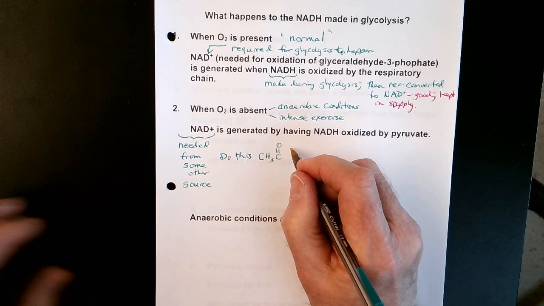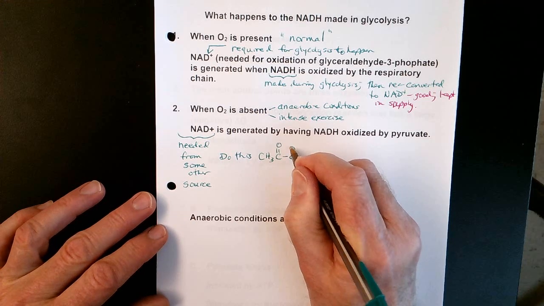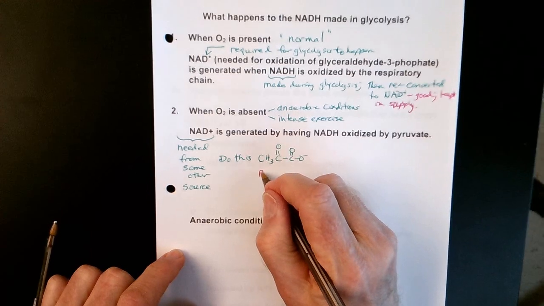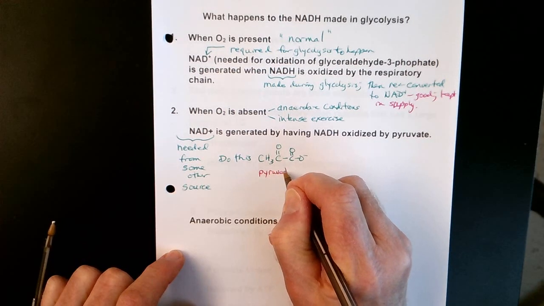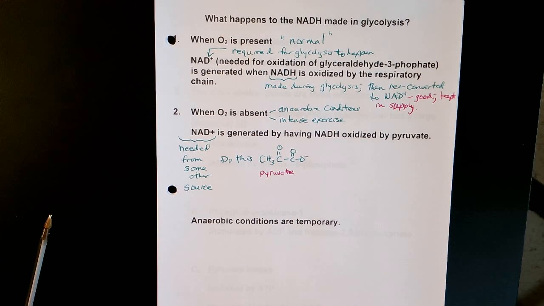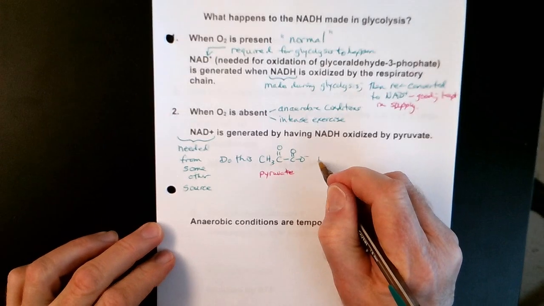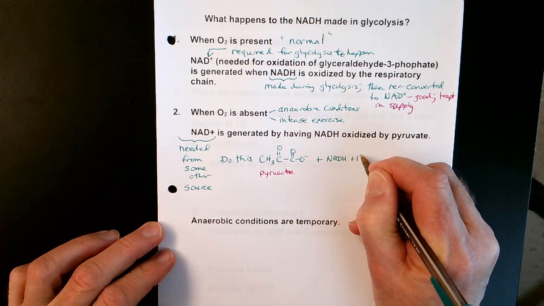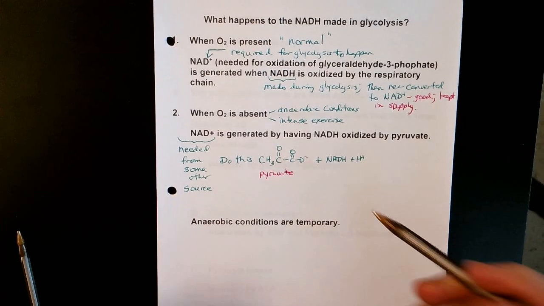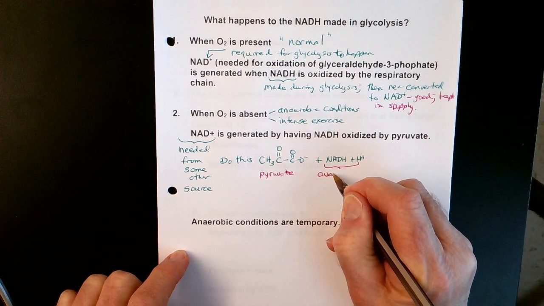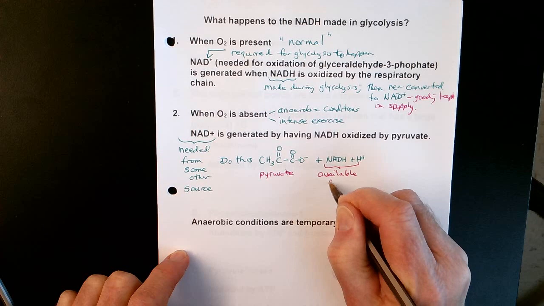I'm drawing it out now in a full condensed structural formula view. Okay, so there it is. Here's pyruvate. This is saying that the final product of glycolysis is able to cycle back on itself and help you by doing this. You've got NADH, and there's always going to be a proton around somewhere. This is going to be available because of the fact that you are doing glycolysis.